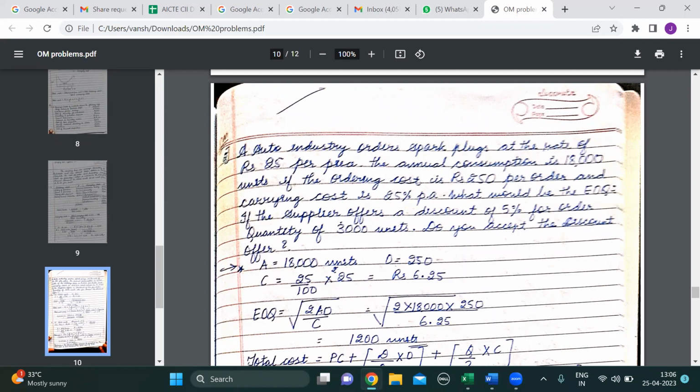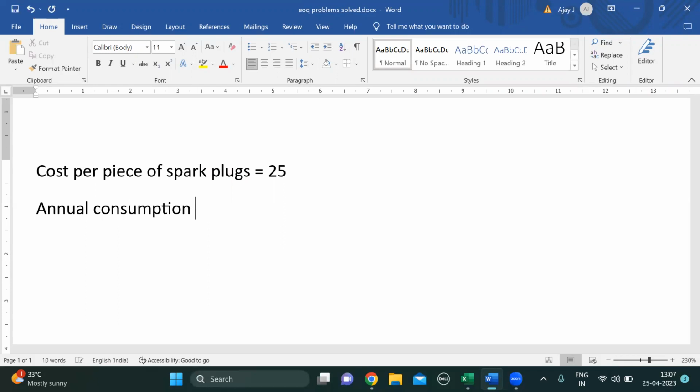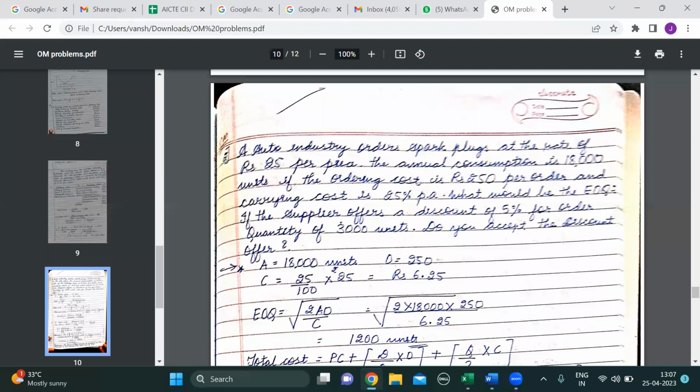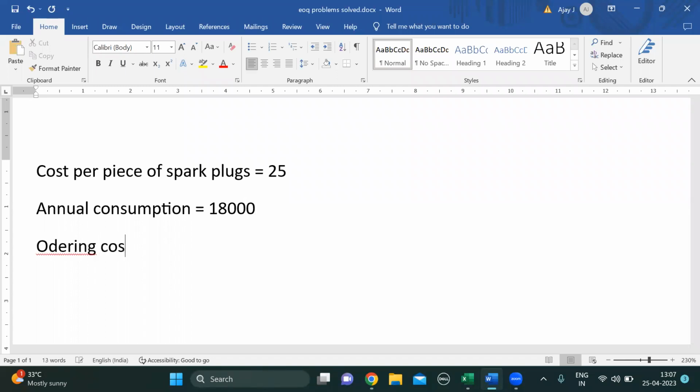If the ordering cost is rupees 250 per order, so annual consumption means A, that is annual consumption. How many spark plugs we need, they've given here, which is 18,000 spark plugs. They've given ordering cost, which is O, which is 250 rupees per order.